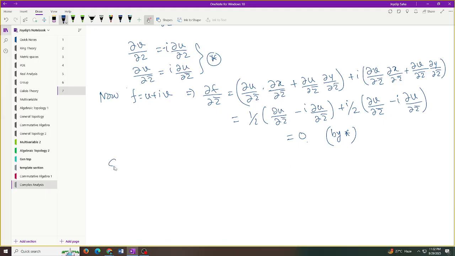So f is analytic on G implies 0. So I can write this like that.